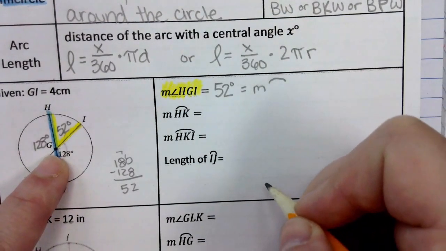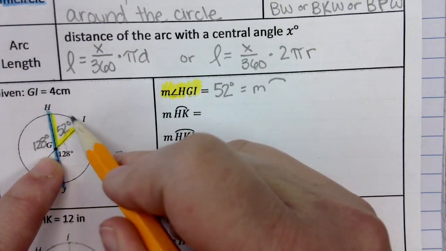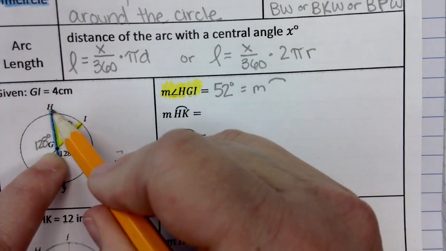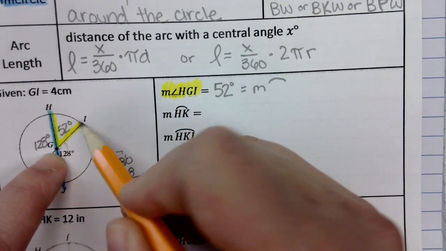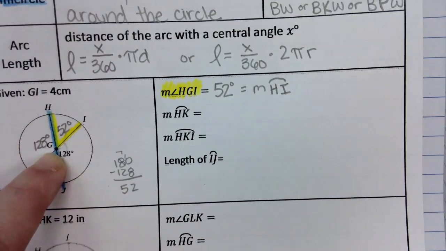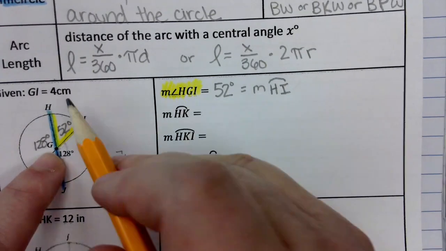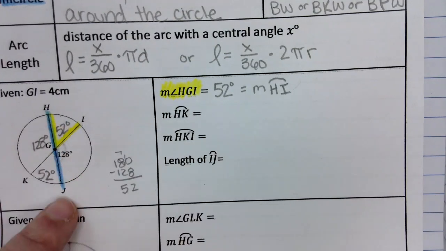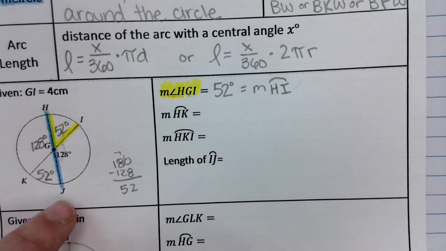So in this one, when it says measure, it has the M in front. That's actually an angle that's created by the arc HK. So when I look at the arc HK, I'm going from H to K. Do I want to go straight to K, or do I want to go around the long way? Is this a major or a minor arc? I want to go straight there.